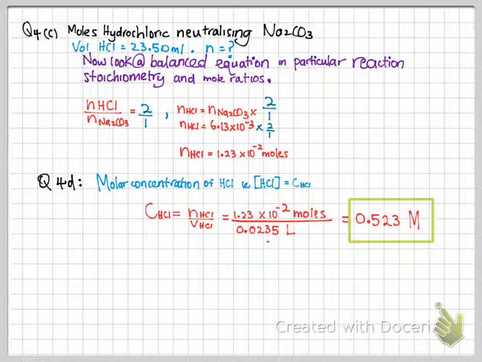Because they ask for molar concentration, remember molar concentration is moles per liter, and remember I'm given volume in milliliters, 23.50 milliliters. Now to convert 23.50 milliliters to liters, I have to divide by 1000. That is why in the denominator I've got 0.0235 liters, right? And that gives me an answer of 0.523 molar, and we are done.